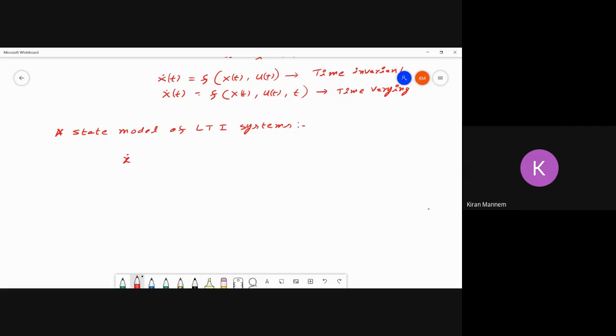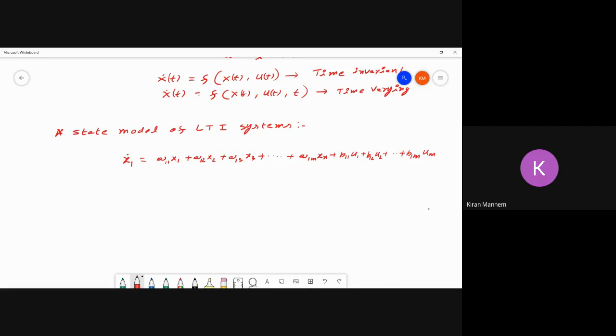So your state variable x dot 1 is equal to, since it's a linear time invariant system, a11 x1 plus a12 x2 plus a13 x3 plus till a1n xn plus b11 u1 plus b12 u2 plus till b1m um.